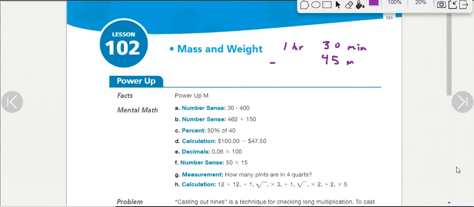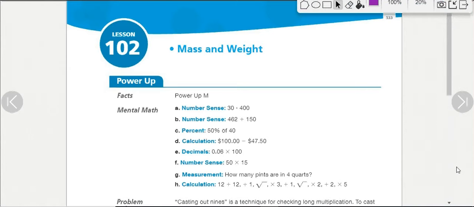Okay, recall that because of the mixed measure, when you borrow, it's not just turning the 3 into a 4, is it? Instead, I take from the hour what it's really worth in minutes, 60 minutes, add that to the 30, and I do 90 minus 45 is 45. So when adding and subtracting with mixed measures, recall that it gets dicey when you begin to borrow, when you subtract, right?